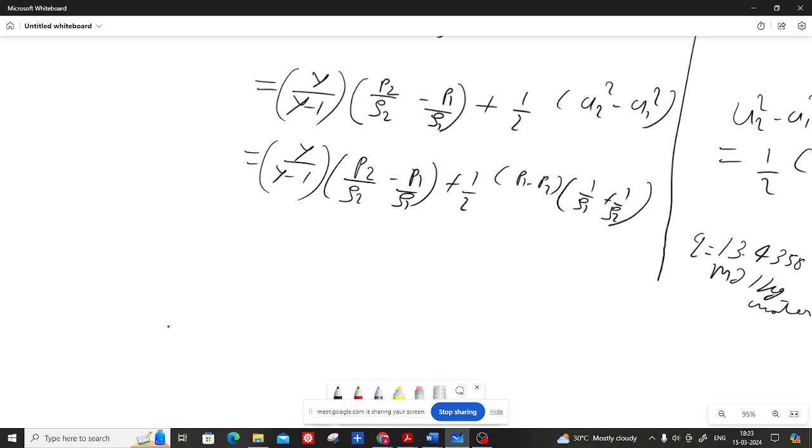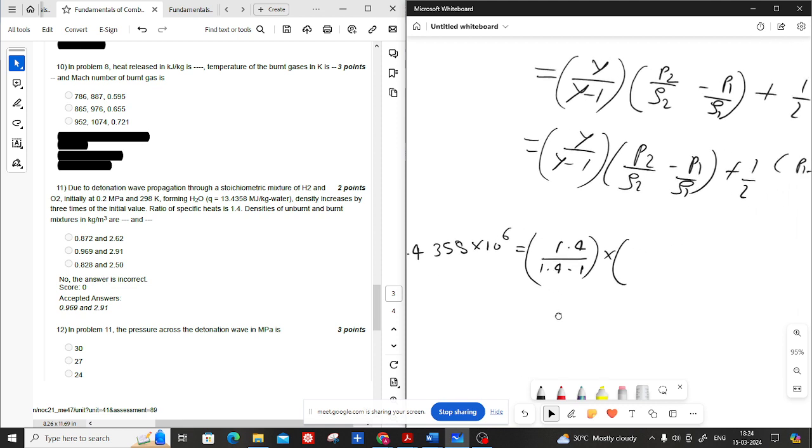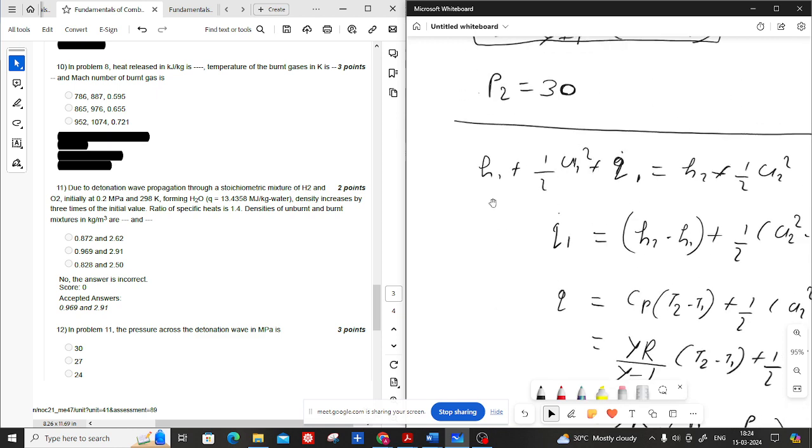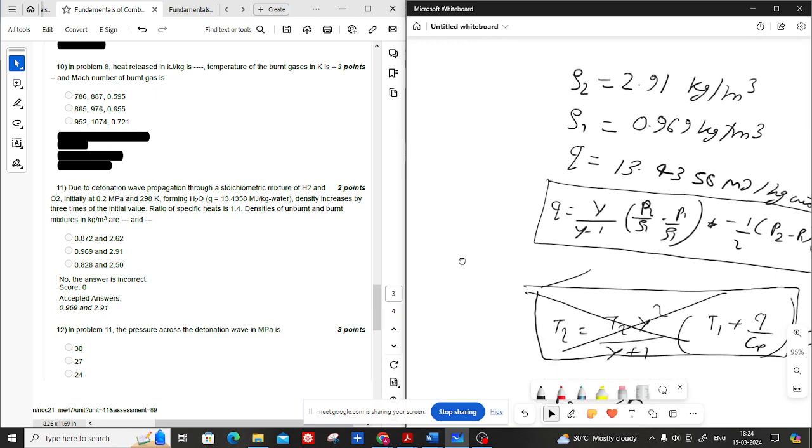So 13.4358 into 10 to the power 6 is equal to 1.4 upon (1.4 minus 1) into (P2 upon rho 2, which is 2.91, minus P1 upon rho 1).